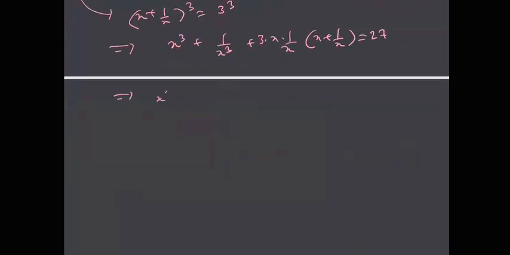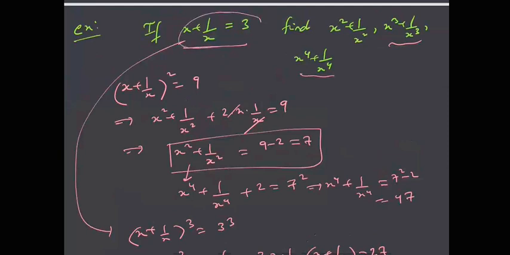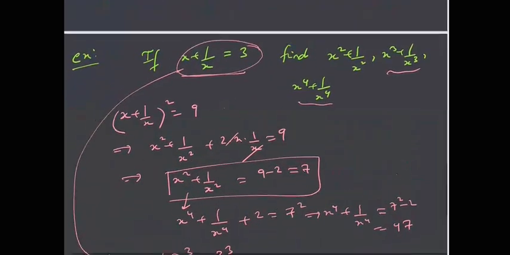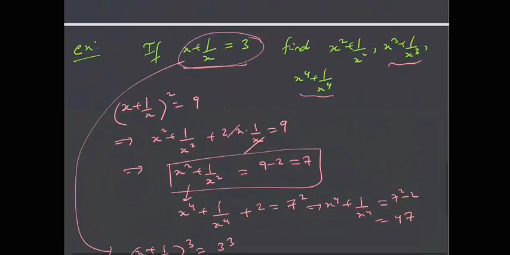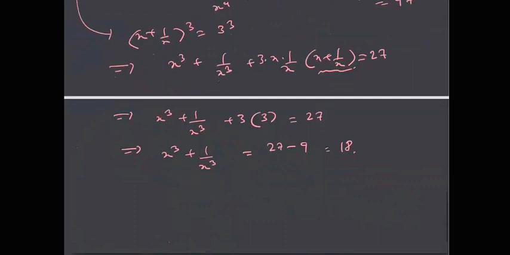So x cube plus 1 by x cube plus 3 into, now x plus 1 by x you write it as 3, right? Because x plus 1 by x is equal to 3. So you can write this as 3 is equal to 27. So then the value of x cube plus 1 by x cube is nothing but 27 minus 9, which is 18. Okay. Yes. I hope this is clear.